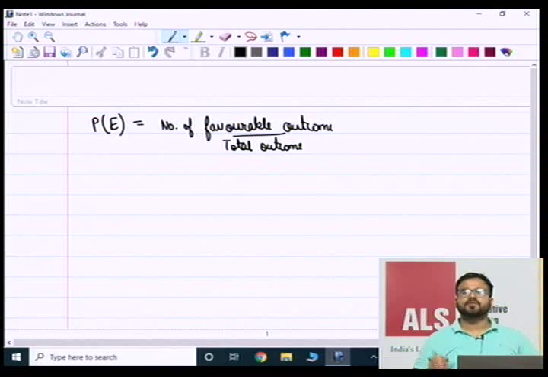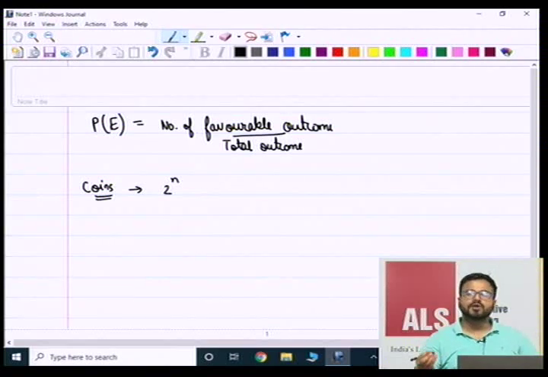This was the basic formula in probability which we will use in the entire chapter, and we have done it for coins. The total number of outcomes for coins is 2 power n, where n is the number of coins. If there is one coin, total outcomes are 2; for 2 coins, total outcomes are 4, and so on.